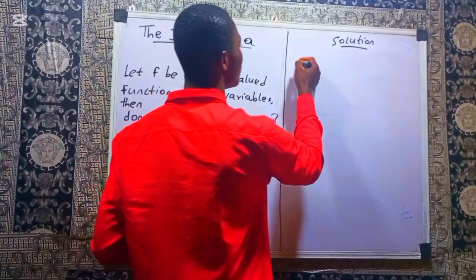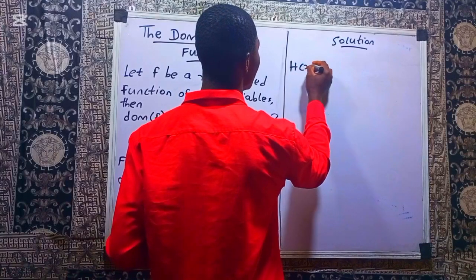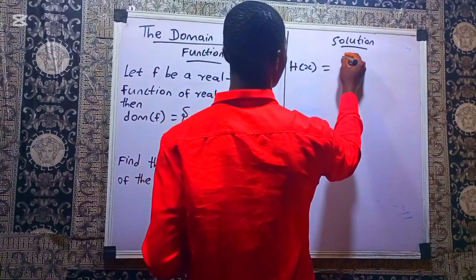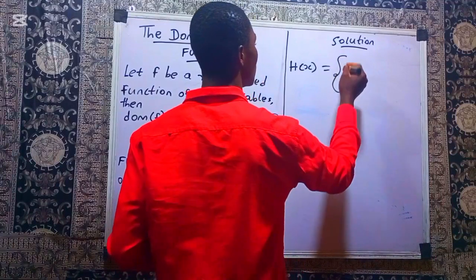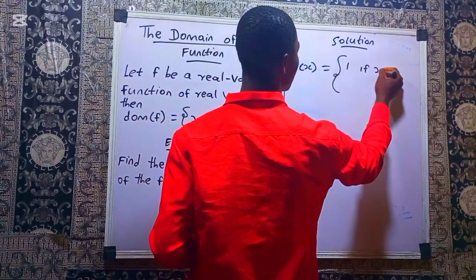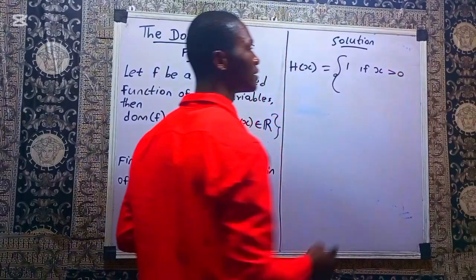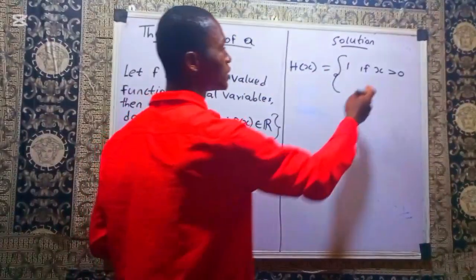But we need to know the values of this Heaviside function. By definition, the Heaviside function takes value 1 if x is positive, strictly greater than 0. In mathematics, when we want to say that something is positive, you put what? Greater than 0.